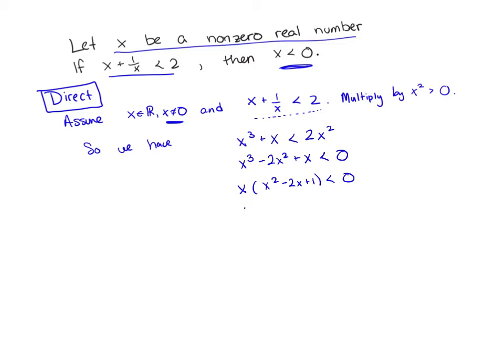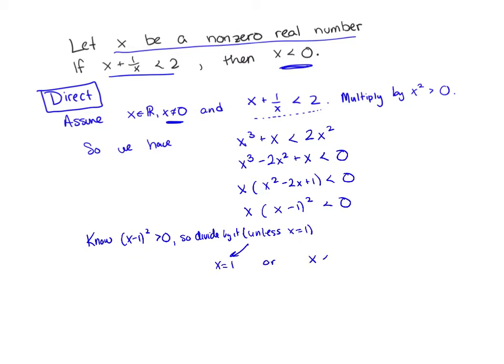Ooh, I like that. That looks like a perfect square. x times (x minus 1) squared is less than 0. Now I know that the perfect square, x minus 1 squared, is positive, so we can divide by it, unless x equals 1, in which case I get 0. So we'll consider that case separately. So either x equals 1 or x is less than 0.